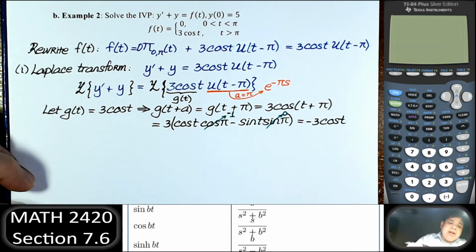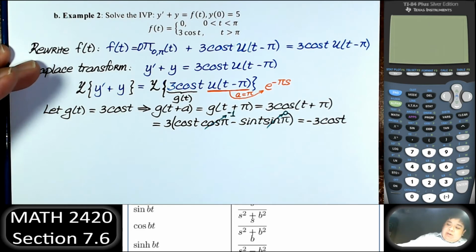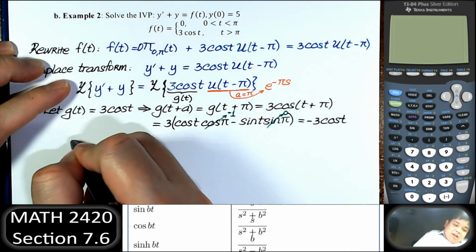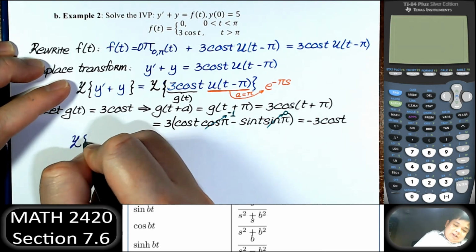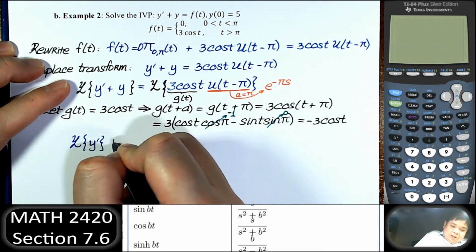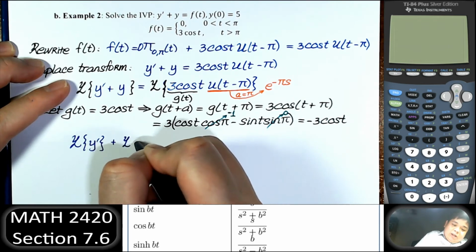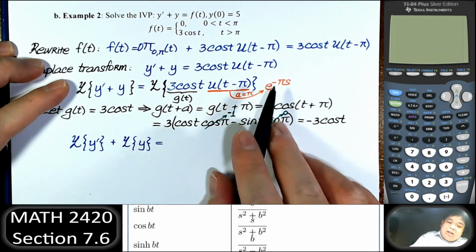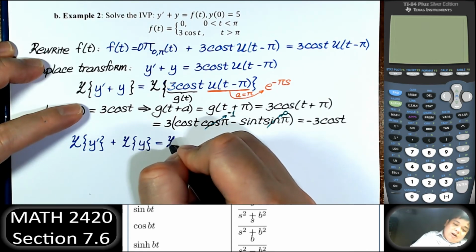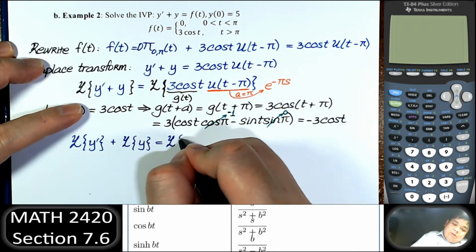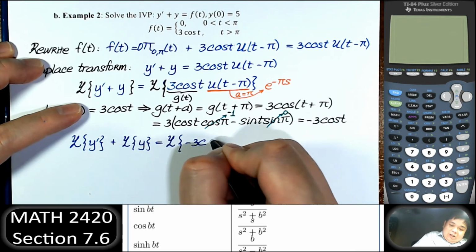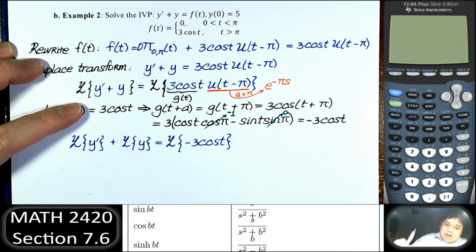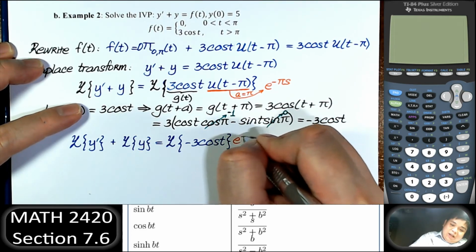Now to transform: the transform of this is the transform of the derivative plus the transform of the function. And if we write like this, we just need to write the transform of the negative 3 cosine t, times e to negative pi s.